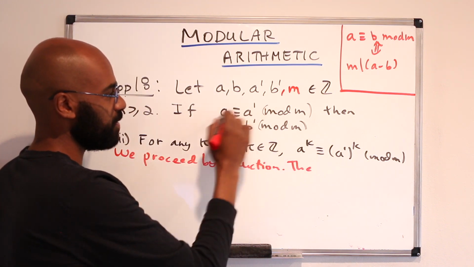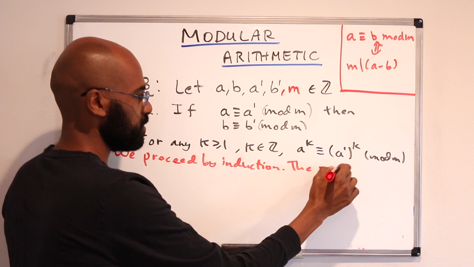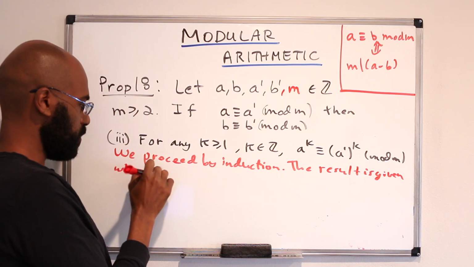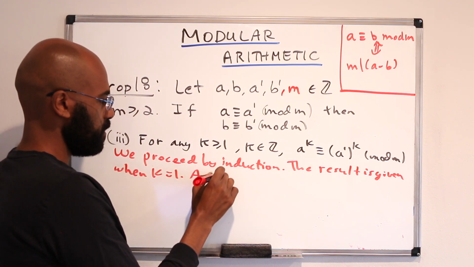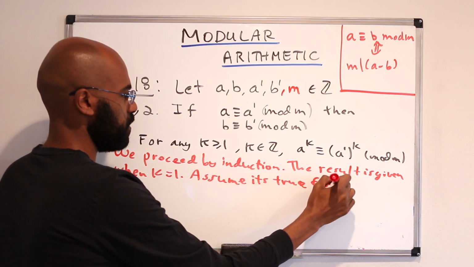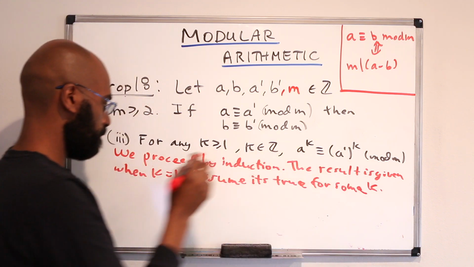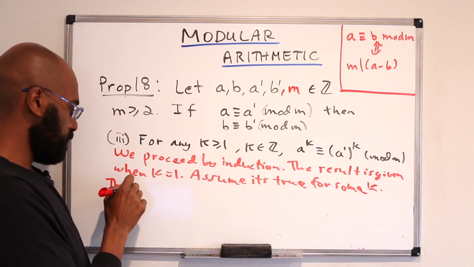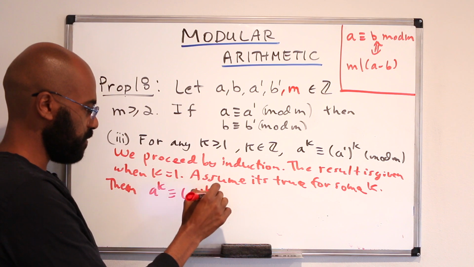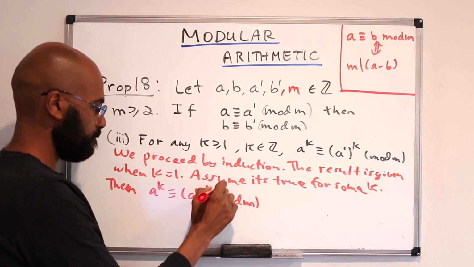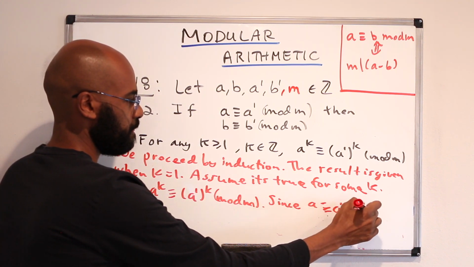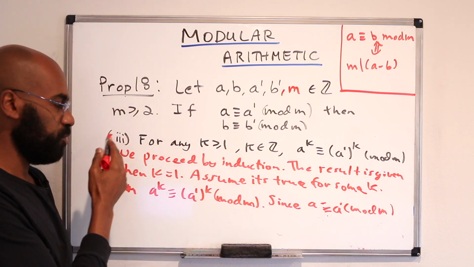So when k is 1, we get the result for free. It's in the assumptions. So the result is given when k equals 1. Assume it's true for some k, then that means that A to the k and A prime to the k are the same mod M. Since A is congruent to A prime mod M, we can use the condition we just proved before.